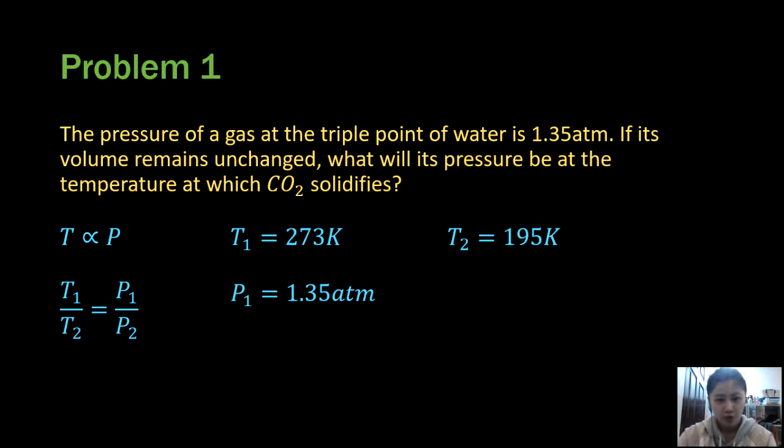So we're looking for the final pressure, since the problem asks what will its pressure be at the temperature at which carbon dioxide solidifies. So using the formula, we're looking for P2 or the final pressure. With a little bit of algebra, we would isolate P2 on the left-hand side of the equation.